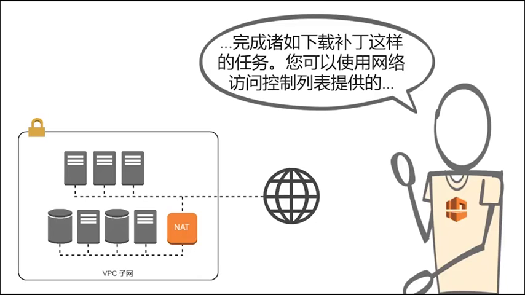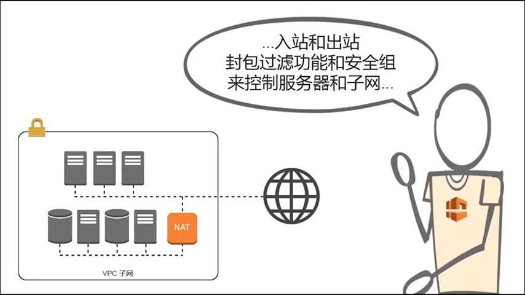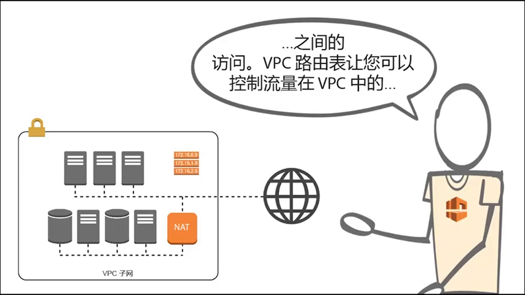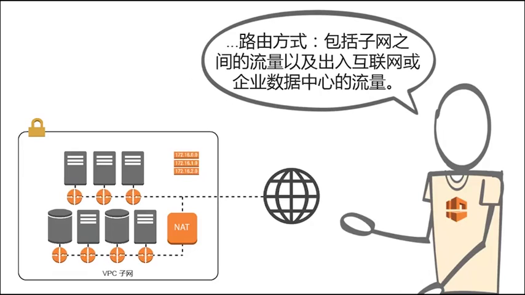You can control access between the servers and subnets using inbound and outbound packet filtering, provided by network access control lists and security groups. VPC route tables give you the ability to control how your traffic is routed within your VPC, between subnets and to or from the Internet or your corporate data center.